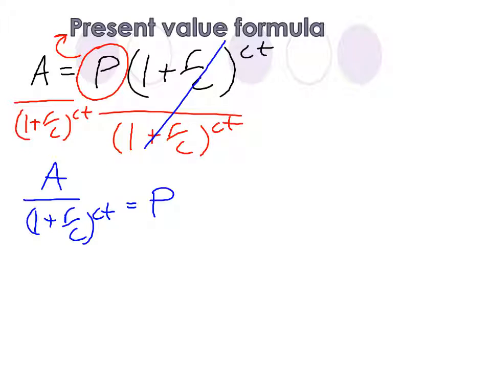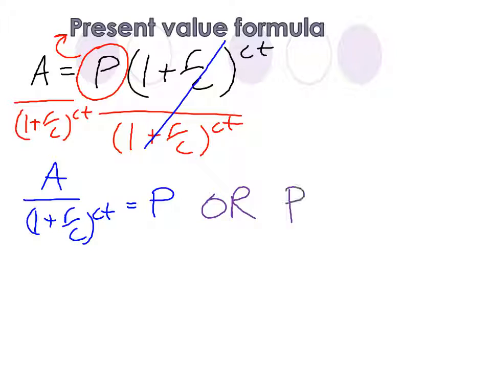If you don't like fractions and you don't want to deal with fractions, we can rewrite that formula. Based on our knowledge of our exponential unit, if it has a negative exponent, it sends it to the other side of the fraction, or sends it down to the bottom or up to the top.